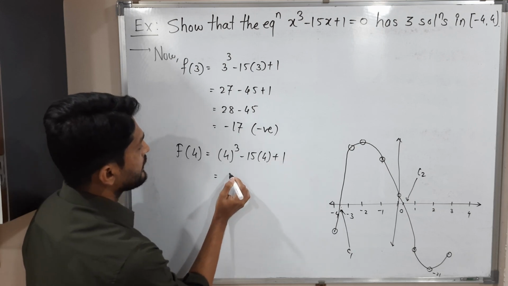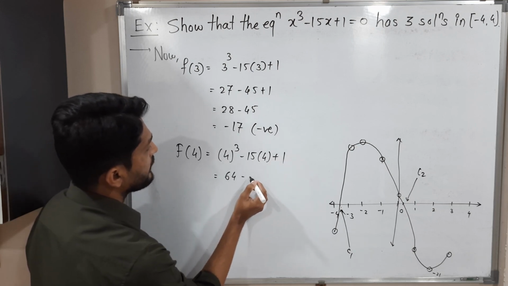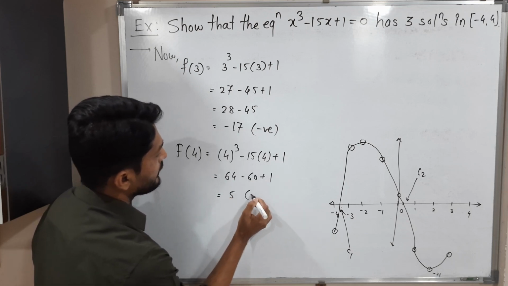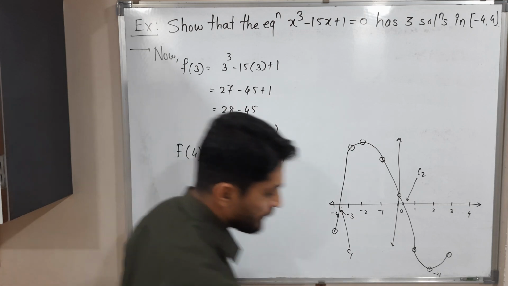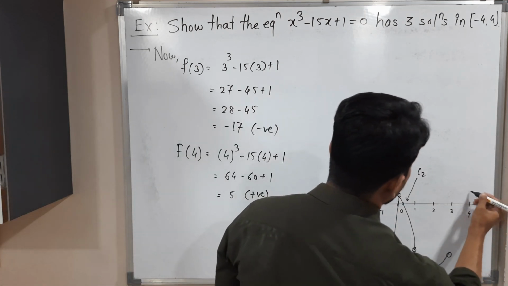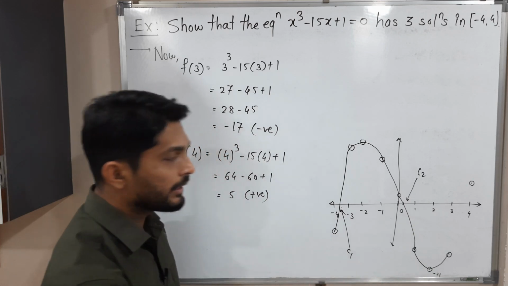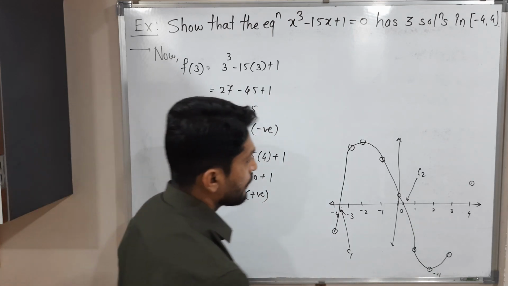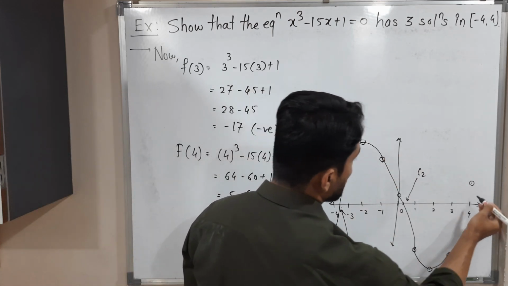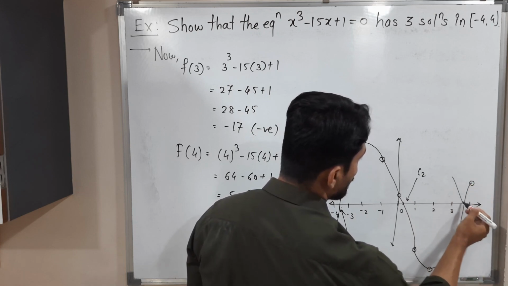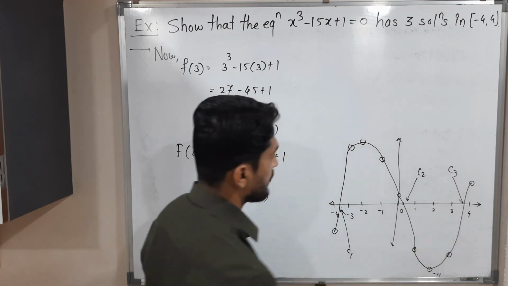So 4 cube is 64 minus 60 plus 1, that is 5, positive. So finally we got a positive value here. This is a rough sketch, just showing the signs, above the x-axis or below the x-axis. If you join them, definitely we get a third solution, which is C3.